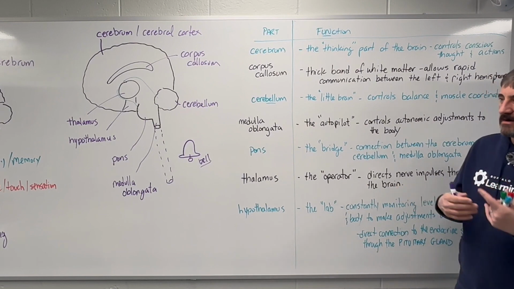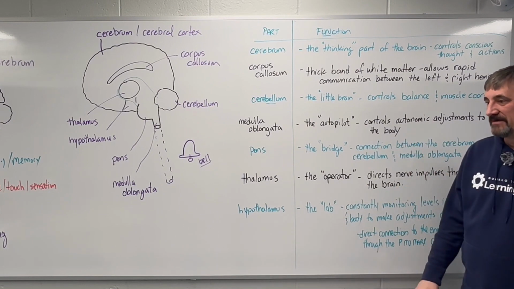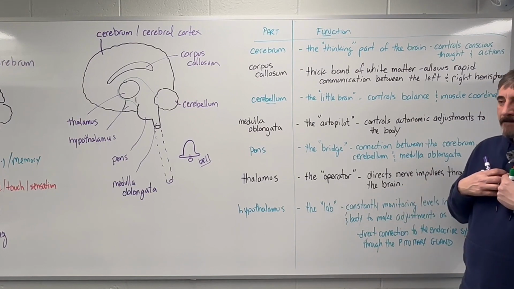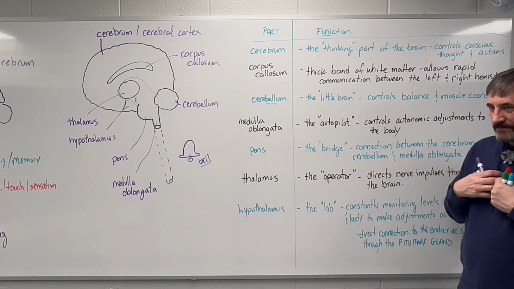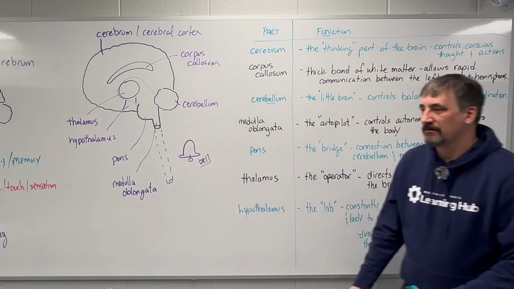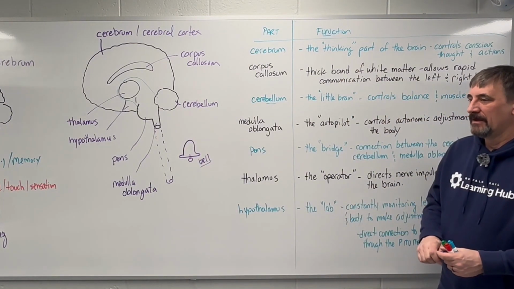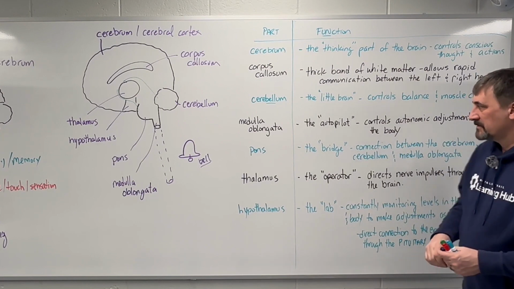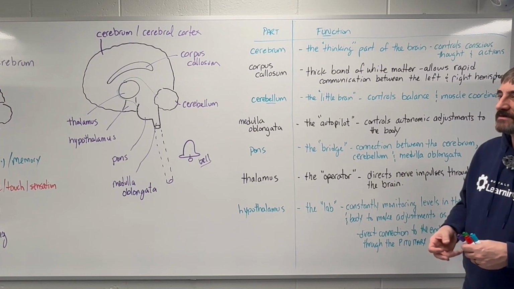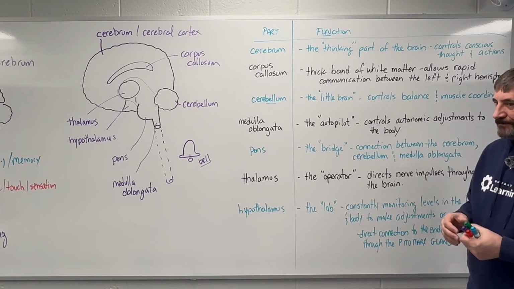Autonomic and automatic really sound the same, because they kind of are. So when your heart rate or breathing rate speeds up or slows down, it's your medulla making those adjustments.